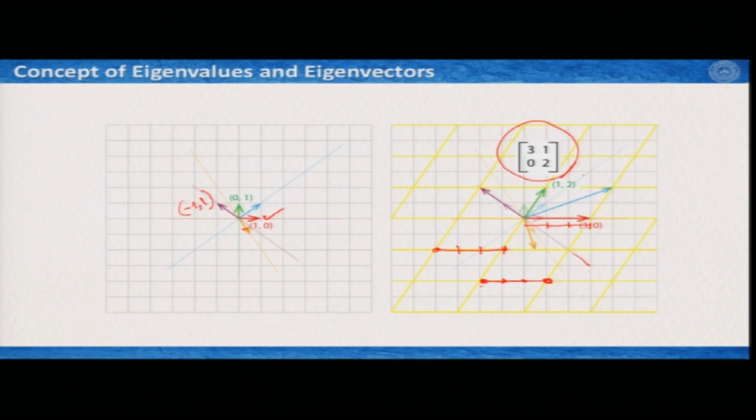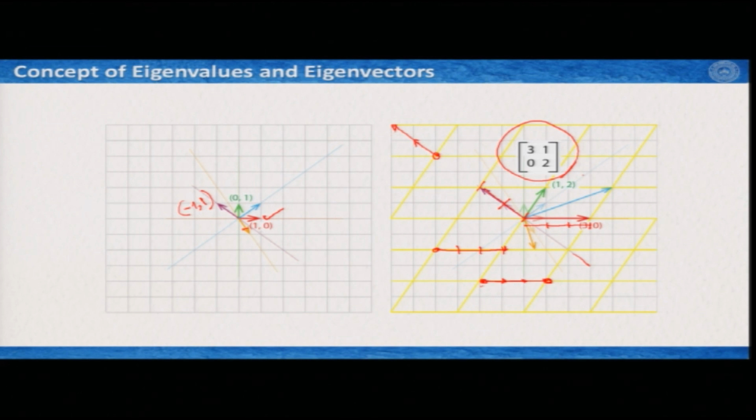Similarly, this purple vector, I can see that it did not change its span, that means its direction is maintained, but along this direction it moved 2 units, and it is obvious for any direction. If it was here, then it moved 1, 2.